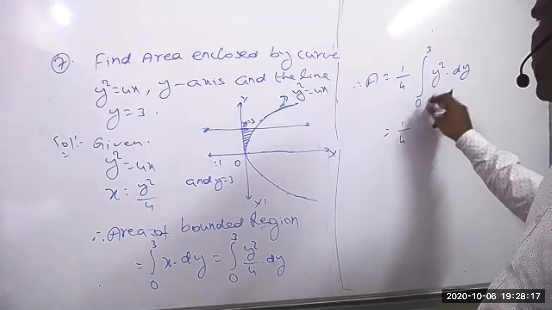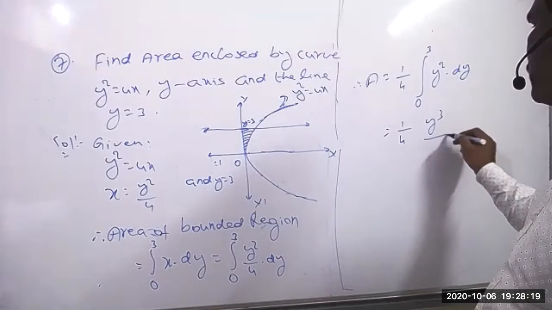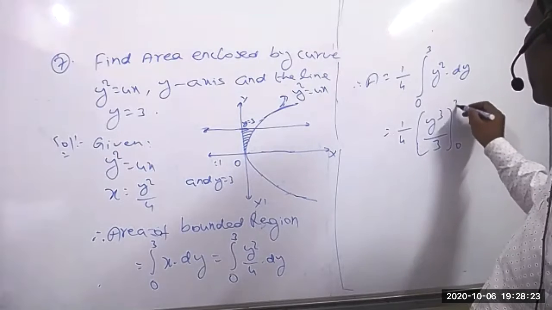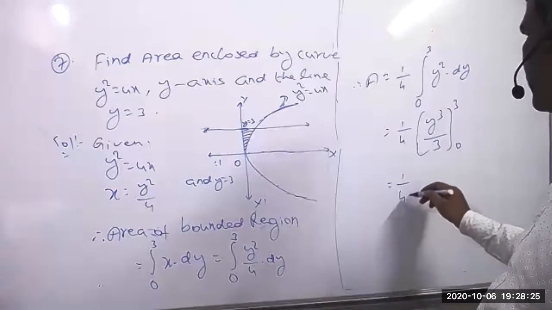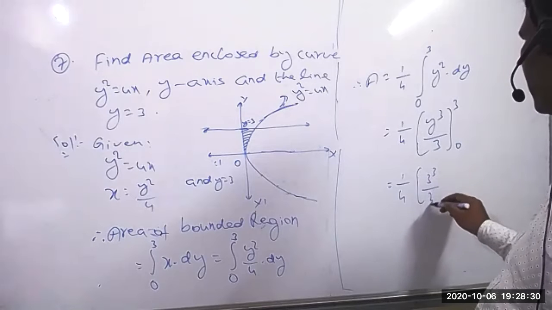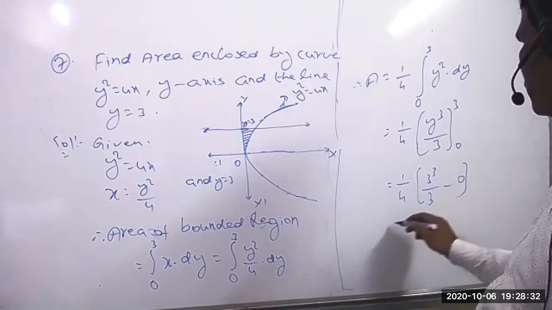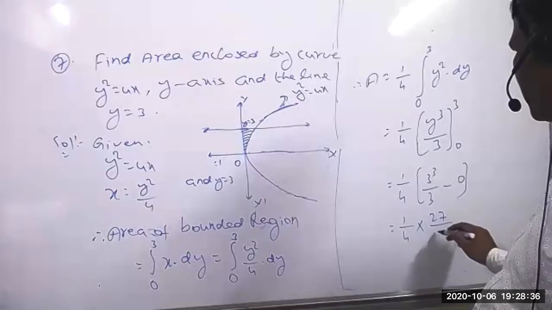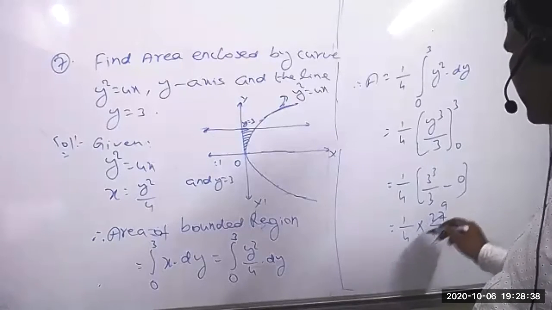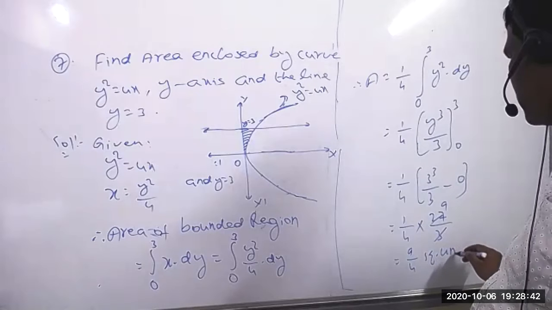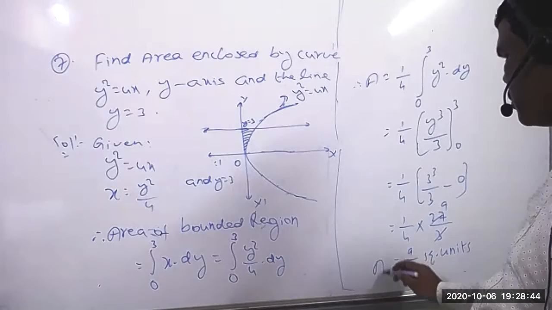So 1 by 4 into y cube by 3, from 0 to 3. Then 1 by 4 into 3 cube by 3 minus 0, so 1 by 4 into 27 by 3. 3 into 9 times, so 9 by 4 square units. This is the area of the bounded region.